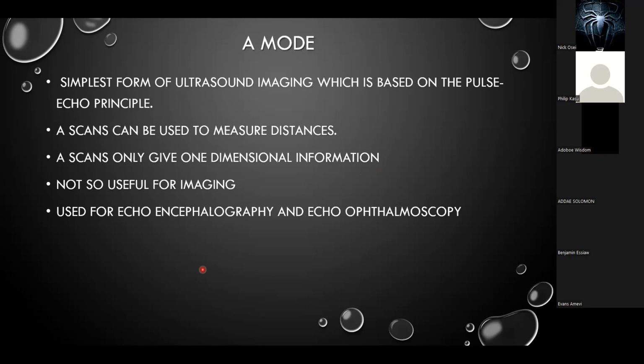And they only give one-dimensional information. Because of that, they are not very useful for imaging. So we can use them in echocardiography and echo ophthalmology, when we need to measure distances between various structures. Okay, A mode is very accurate.